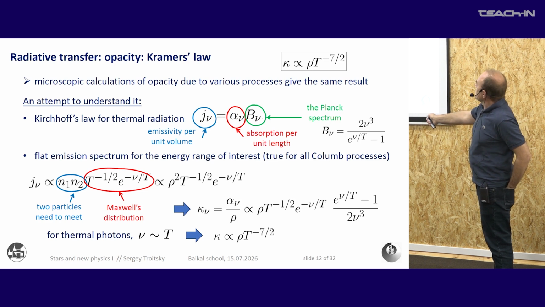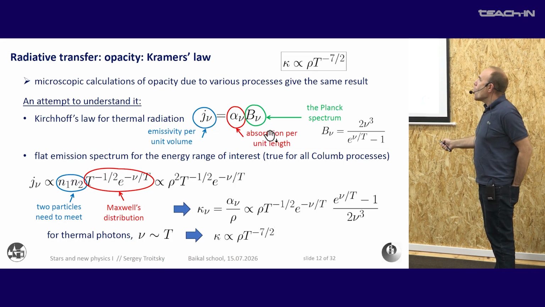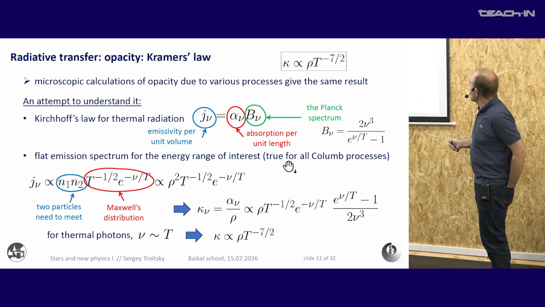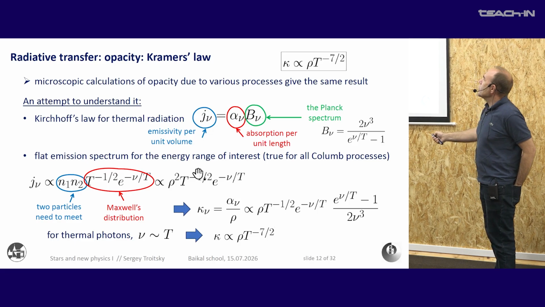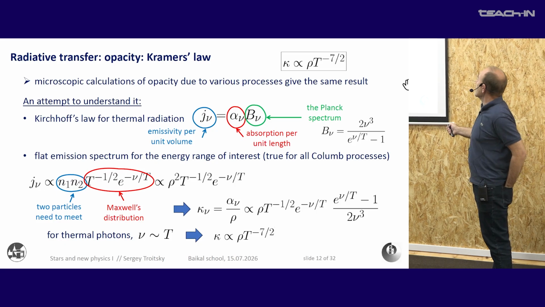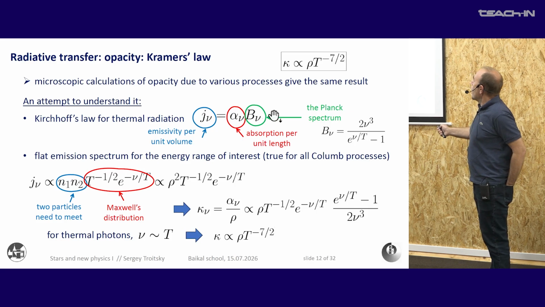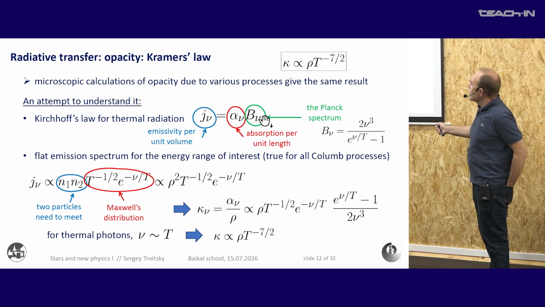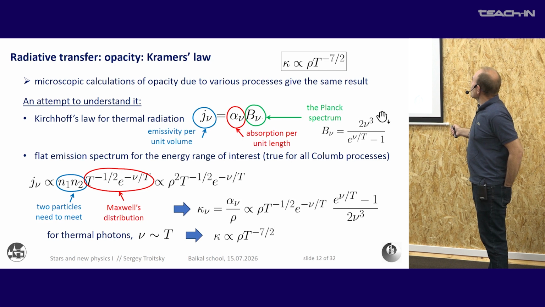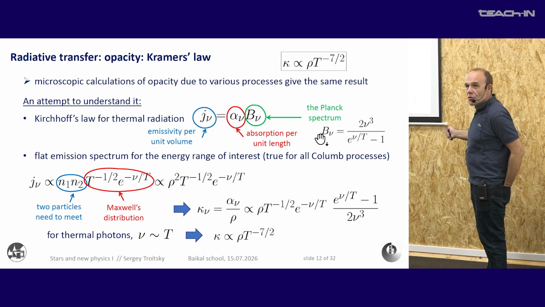And okay, then there is the Kirchhoff law, which is essentially equality of emission and absorption. And written in terms of emissivity per unit volume and absorption per unit length, it takes the Planck spectrum as a multiplier. And we see that this Planck spectrum contains ν, the frequency, to the third power.